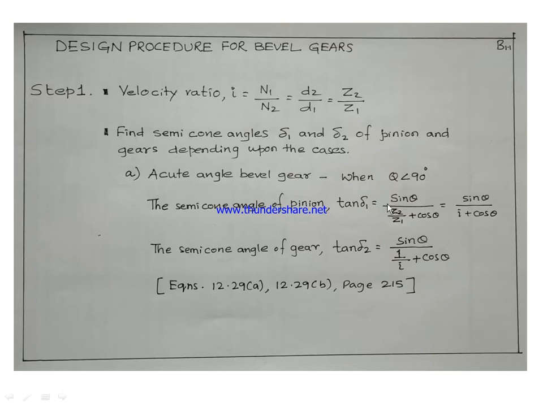In that case, this is the equation for semicone angle of the pinion, and this is the equation for semicone angle of the gear. And these equations are available as 12.29a and 12.29b on page 215 of Design Data Handbook by Mahadevan and Balaveera Reddy.